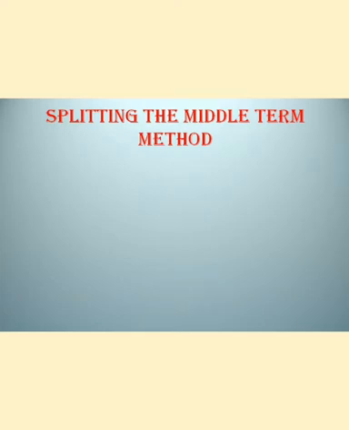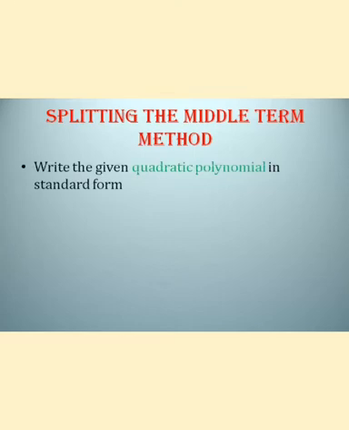You can just remember these points so that when you are solving the problem, you can understand it easily. First of all, the given polynomial should be a quadratic polynomial, that is ax squared plus bx plus c. And you have to write the coefficients of x squared, x and the constant term separately.